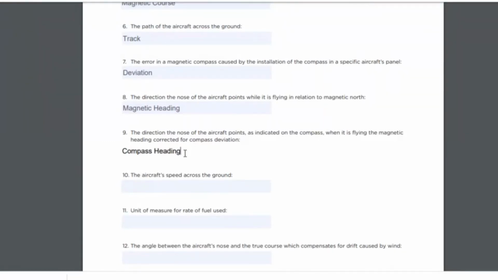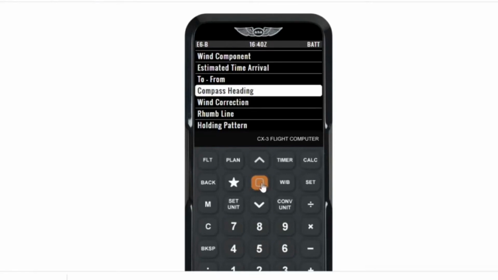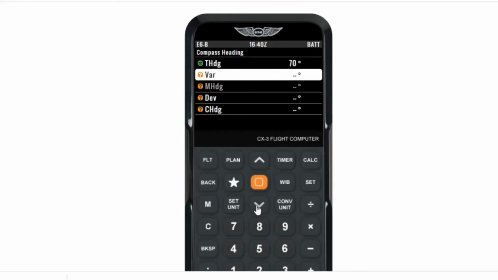And again, when you go back to this example on the CX3, I said correct the wind to get your true heading. Then the next step, if you want to go to compass heading, is you correct your true heading for the variation, which is listed on the chart by the isogonic line.